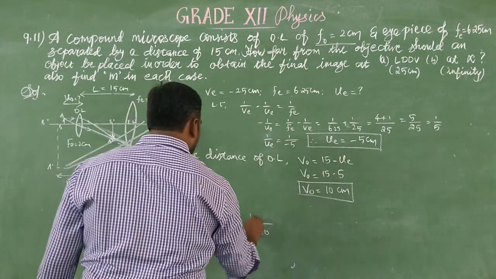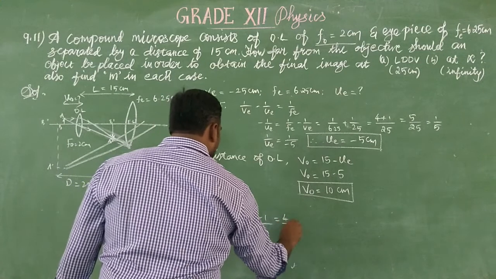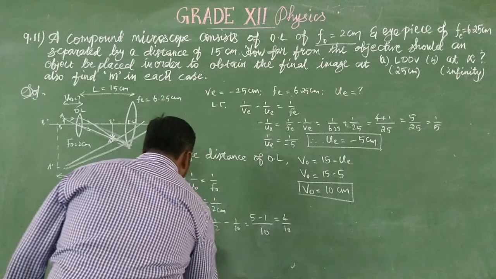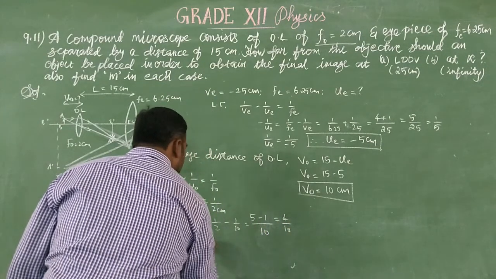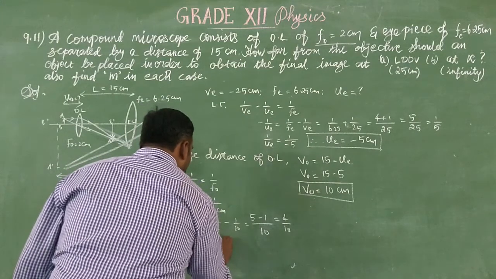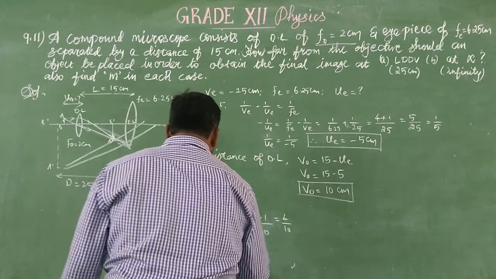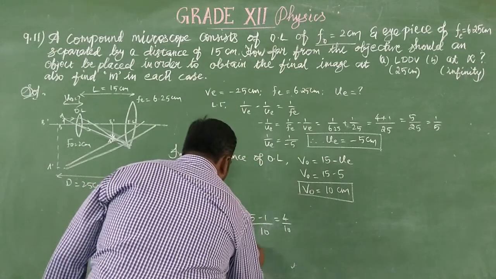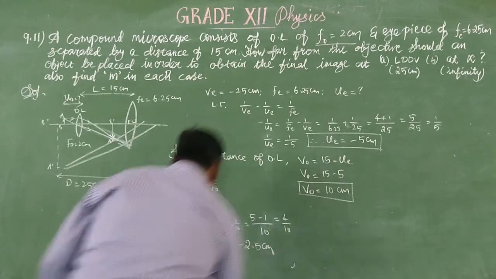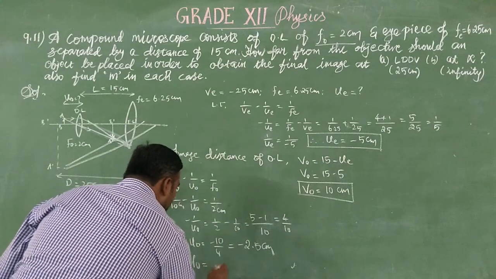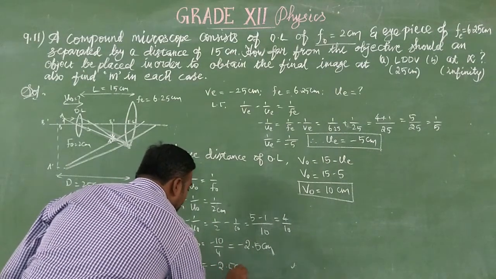So 5 minus 1, so 4 by 10. Therefore, U naught is equal to minus 10 by 4, which is minus 2.5 centimeter. So we found the objective distance of the object is minus 2.5 centimeter.